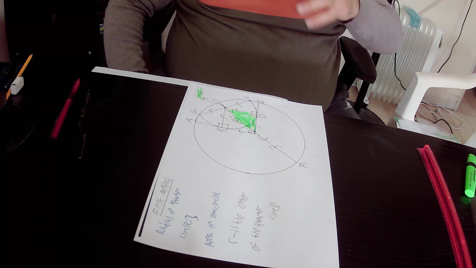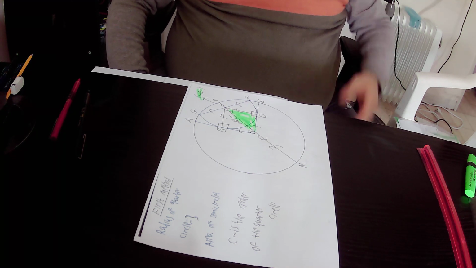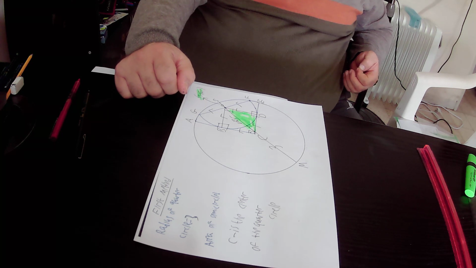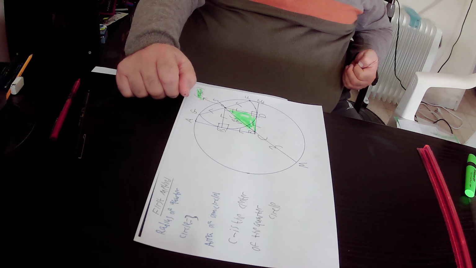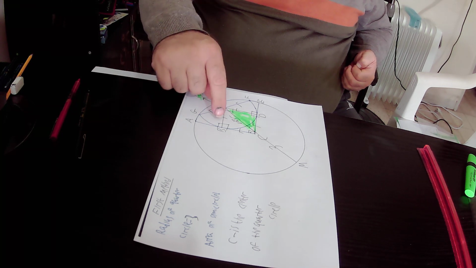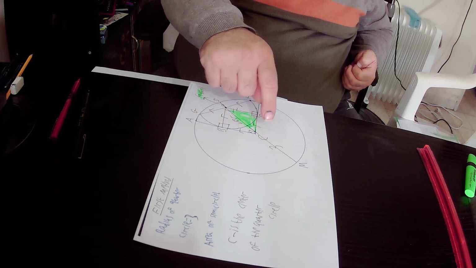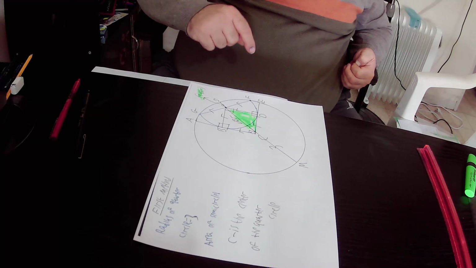And this is exactly the definition of a radius. So we have the radius OB drawn to point B, the point of tangency of tangent AC with this semicircle.